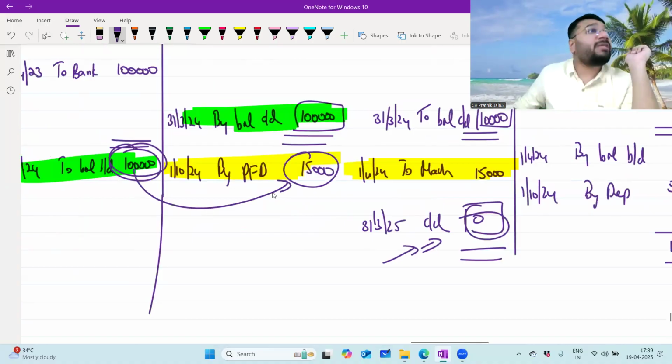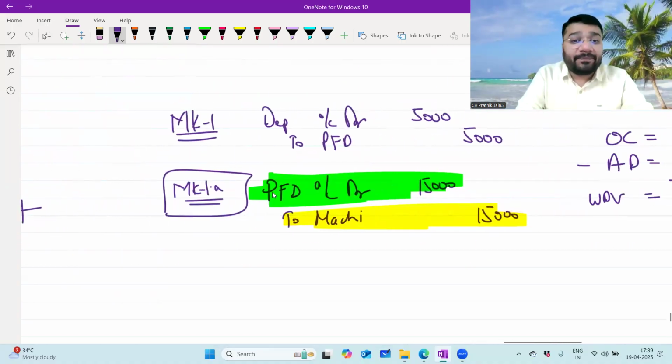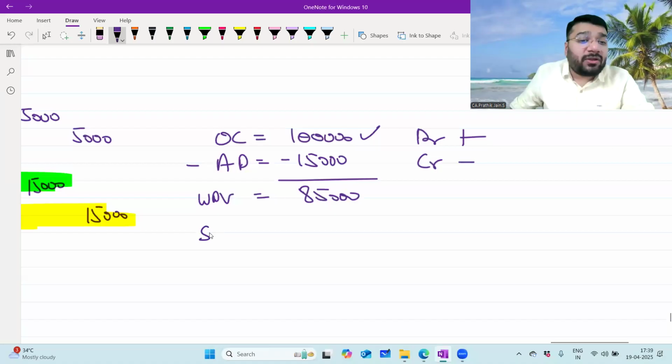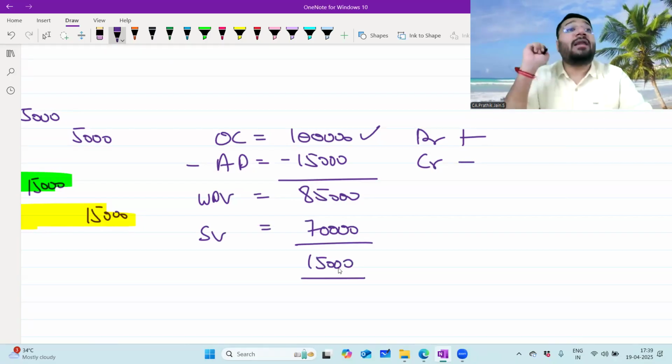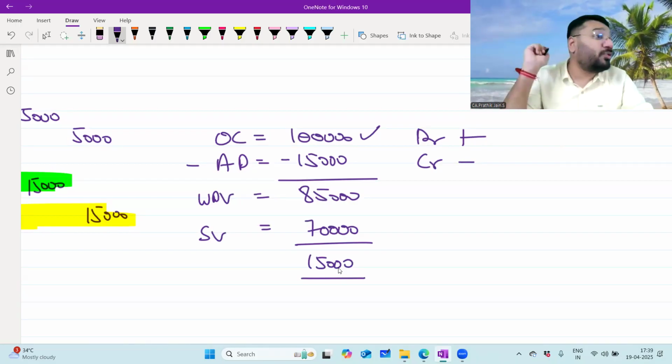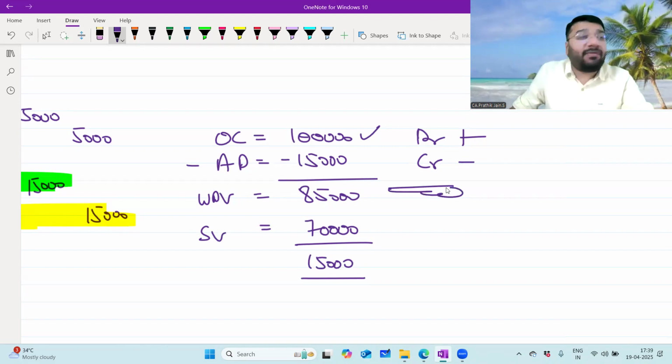If I net this, what is my net balance? 85,000. Now this 85,000 worth of the asset, you sold it for 70,000 rupees in case 1. So what is your loss now? 15,000 is your loss. So now monkey 2 will help me in adjusting the value of the asset as per the money that is going to come to me in future. So now in your book, the value of the asset is 85,000.